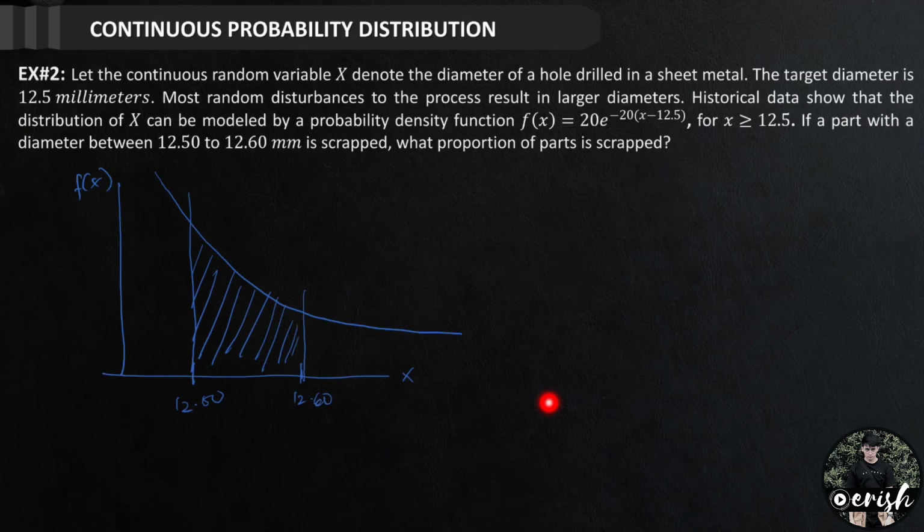Therefore, yung area na yan yung magre-represent nung parts na scrap. So, this is probability of 12.5 less than x less than 12.6.